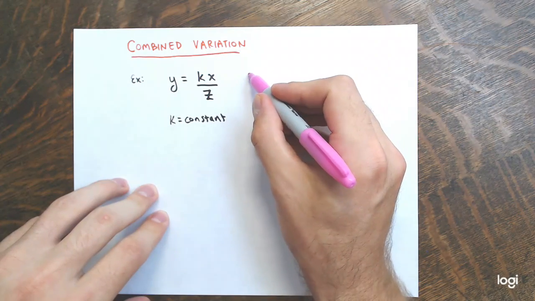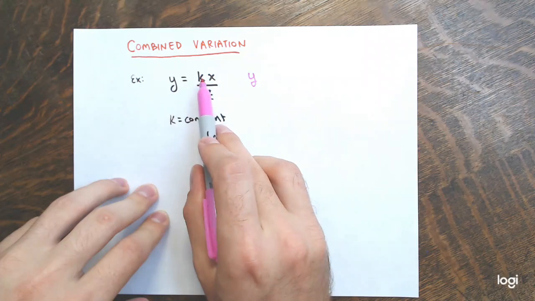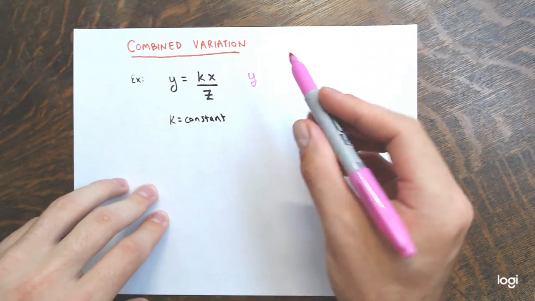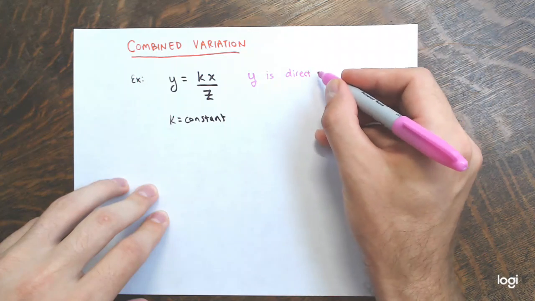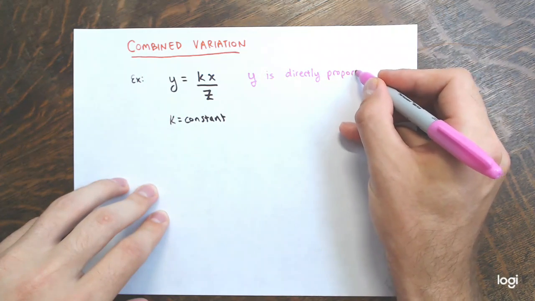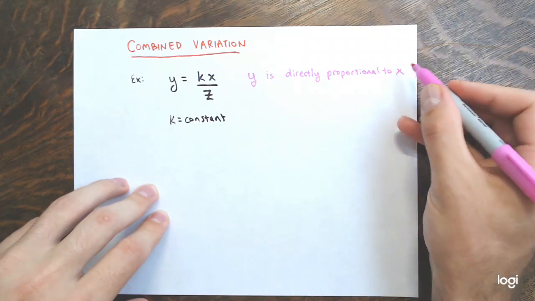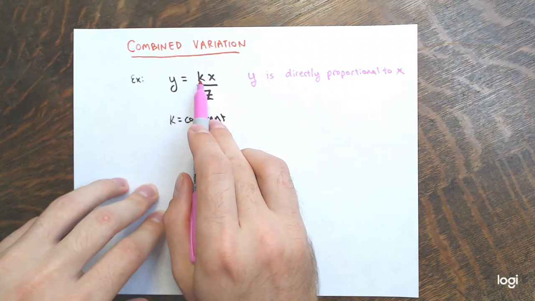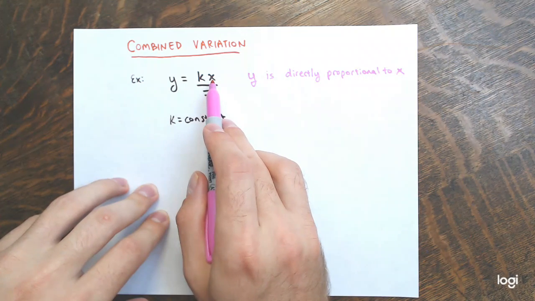We would say that y is equal to a constant times a variable, so that's direct variation. So y is directly proportional to x, right? Because you have y equal to a constant times a variable, x.